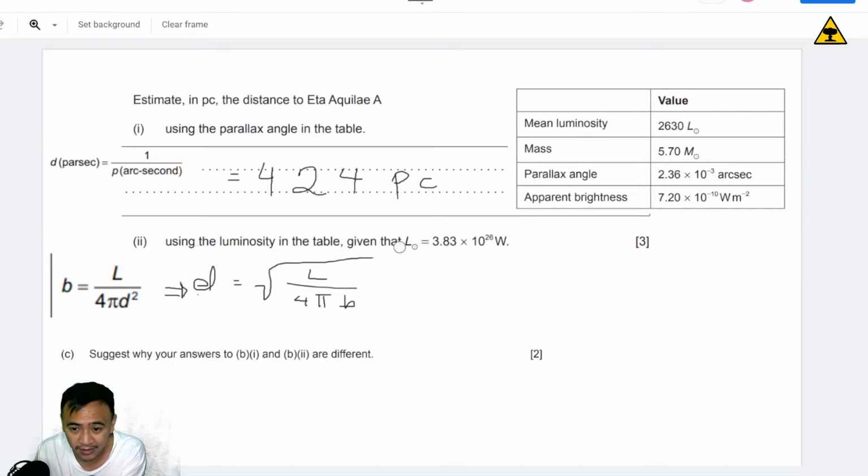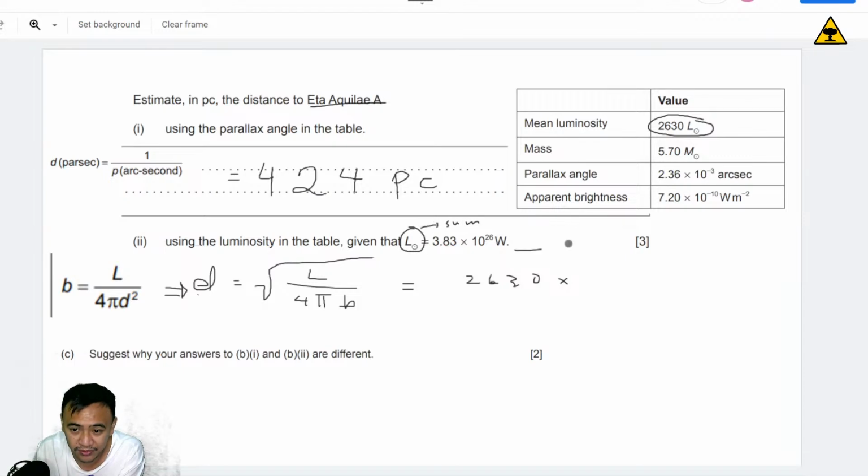Your L, you're gonna have to do that as 2,630 times this. That's the L, right? Oh, I need to multiply those two L's together? Yes. Because this L here is the luminosity of Eta Aquilae A. This L here is the luminosity of the sun.